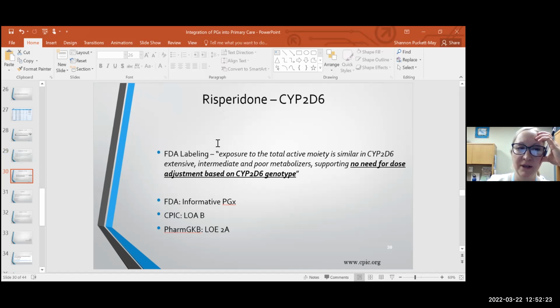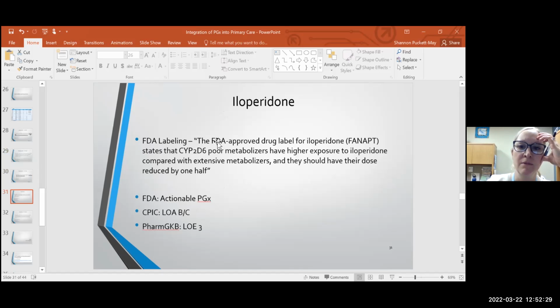Risperidone is just informative pharmacogenomics via the FDA and has no actionable levels in CPIC really. And the same with iloperidone, except it is actionable to reduce their dose by 50%.